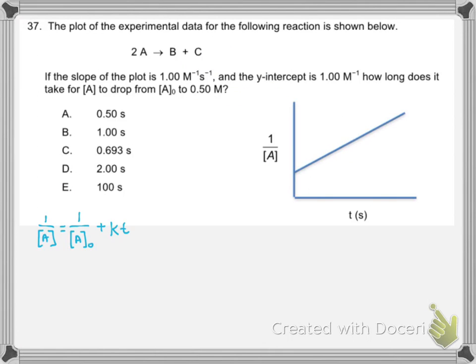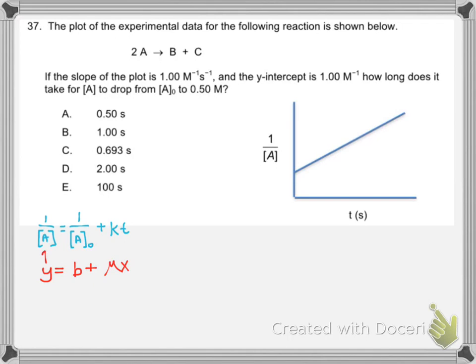Okay, here we have a graph depicting one of our three really important graphs from kinetics. So this graph represents the second order integrated rate law. And the reason why it does is, if we look at the second order integrated rate law, we can see that it actually happens to be in slope-intercept form of linear algebra.